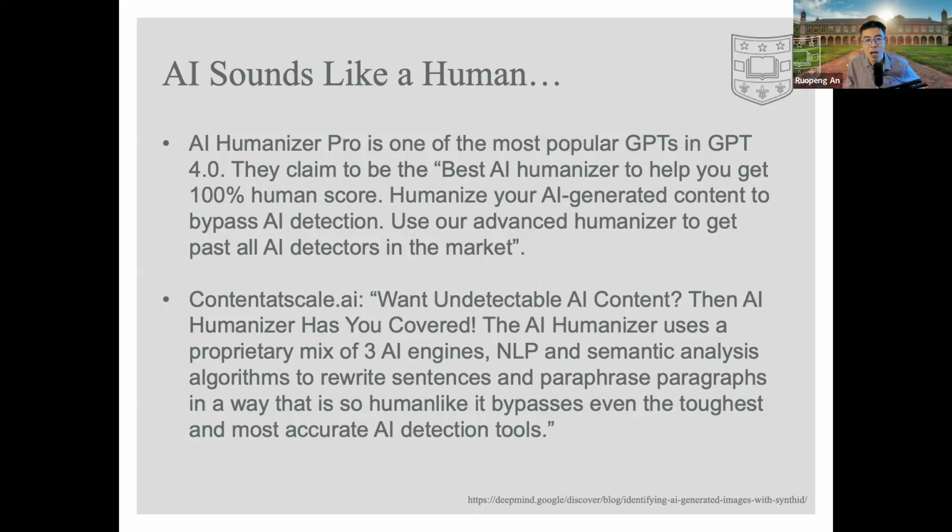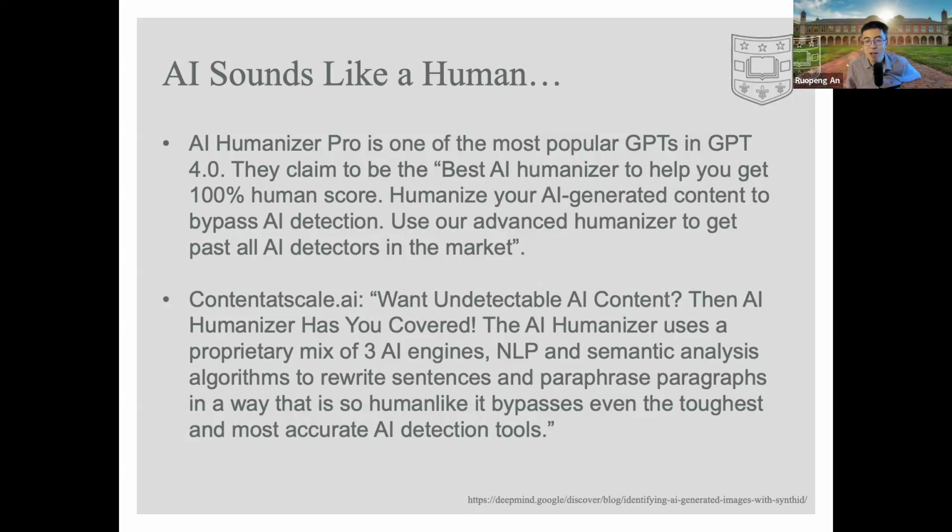So it's popular because it claimed to be the best AI humanizer to help you get 100% human score. So humanize your AI generated content to bypass AI detection. Use our advanced humanizer to get past all AI detectors in the market. So basically, you are using an AI algorithm to trick the AI detection tools so that you can get a pass, right?